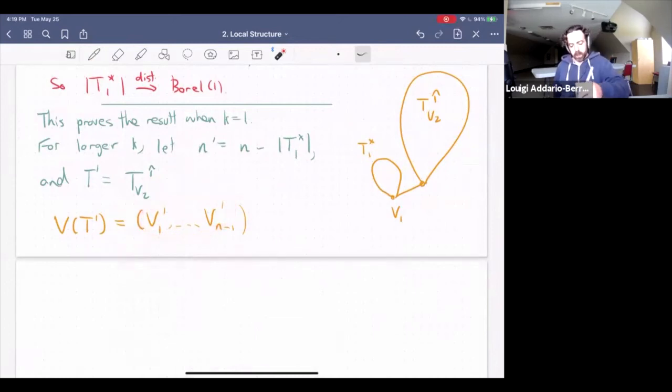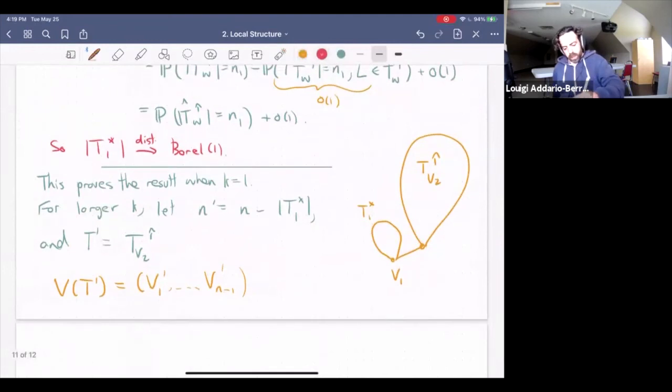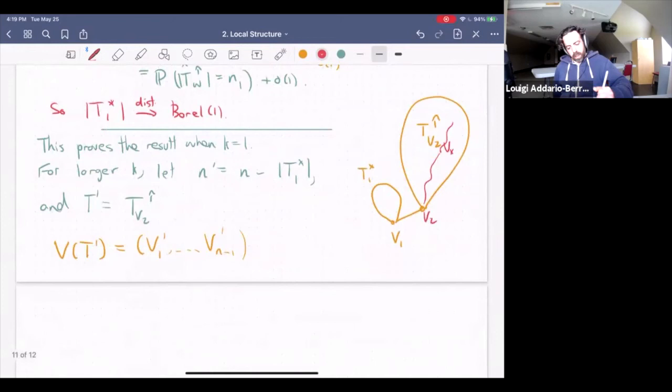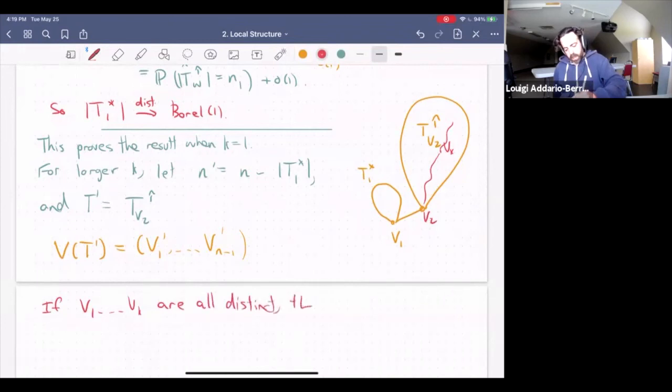So what does the start of this sequence look like? Well, in the tree T, we had this branch which went V1, V2, going up to some Vk, and so on until we reach the first leaf. And as long as those first k or k plus 1 values are all distinct, so V1 up to Vk are all distinct, then the sequence heading to the smallest leaf over here will just be this same sequence, except starting from V2 instead of V1.